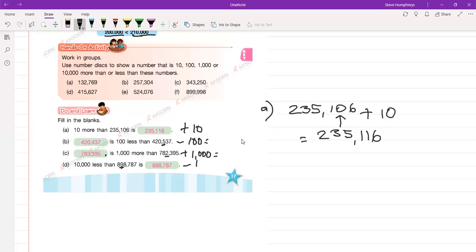Minus 10,000. 898,787 minus 10,000. Subtract 10,000 from 90,000. Okay, students, complete those in your book, page 17.